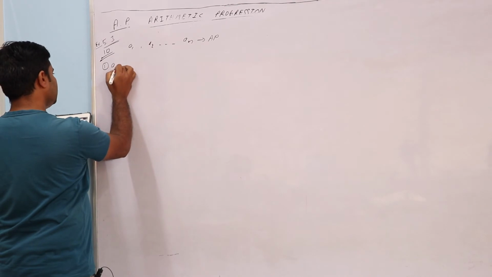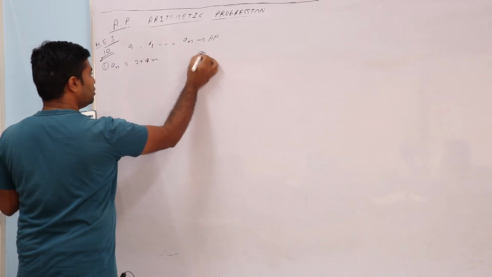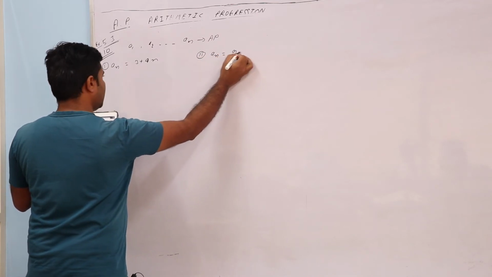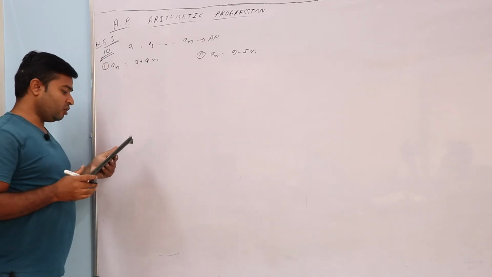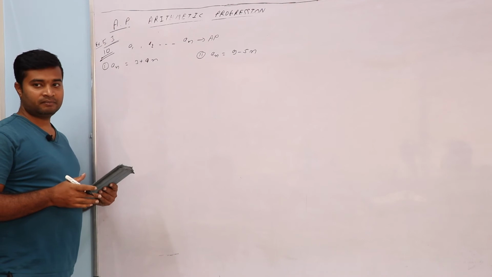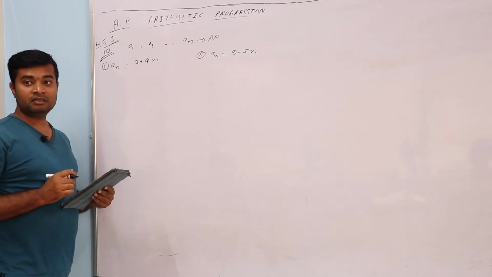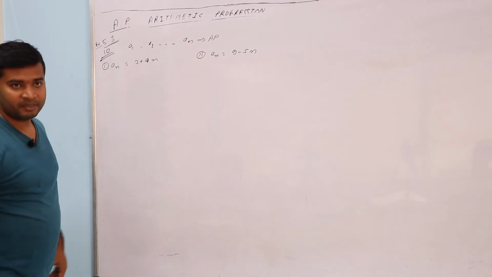In the first case, an is given as 3 plus 4n, and in the second case, an is given as 9 minus 5n. Also find the sum of the first 15 terms. So you should find S15 in both cases.